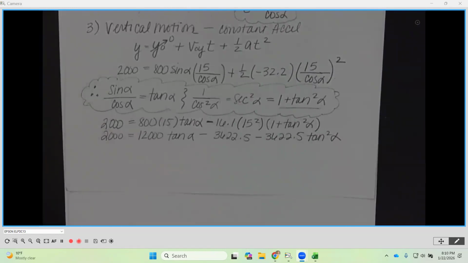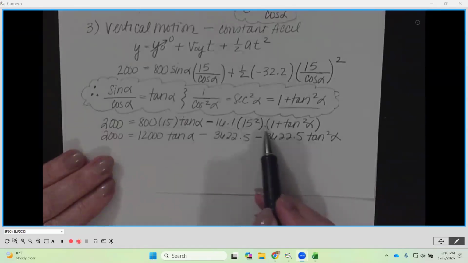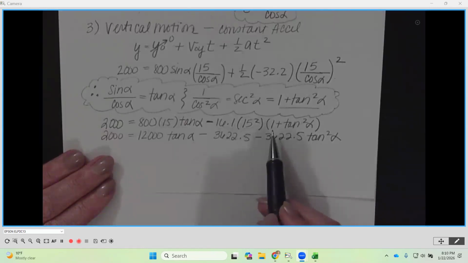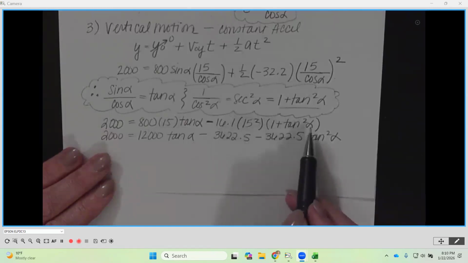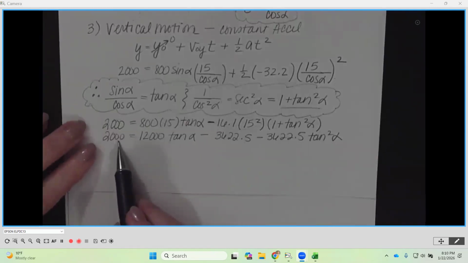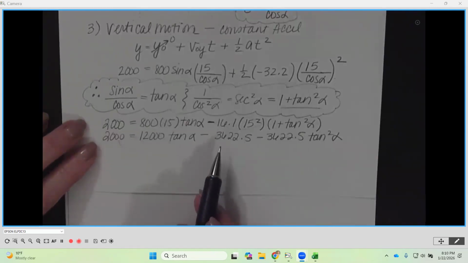I'm going to just make sure everybody got that line there. Does it make sense how that worked out? So this is distributed into this. So this is that one first times 1 plus this times the tan squared alpha. So now I'm going to take my 2000 and push it to the other side.